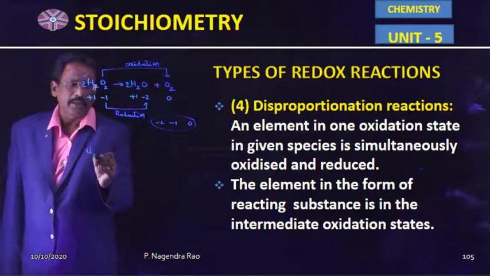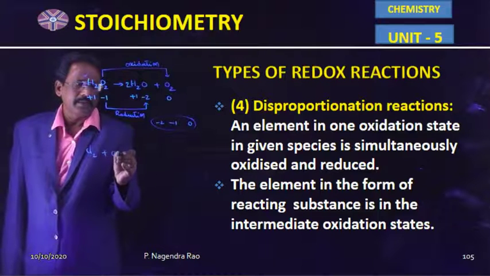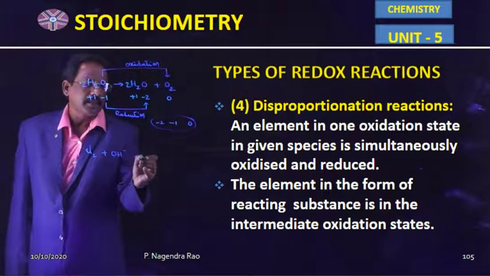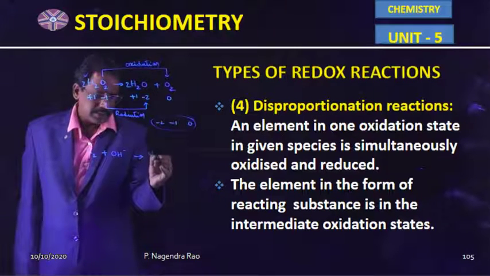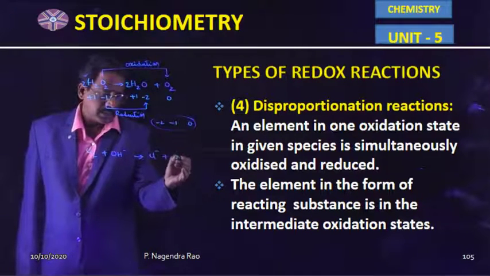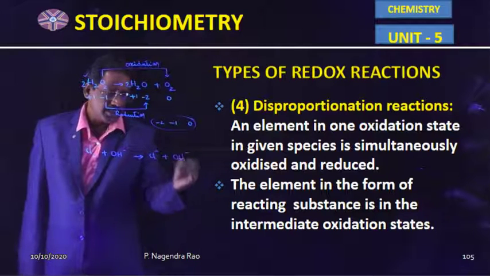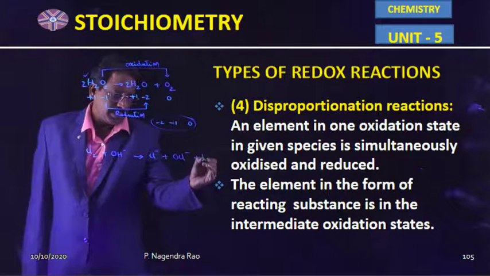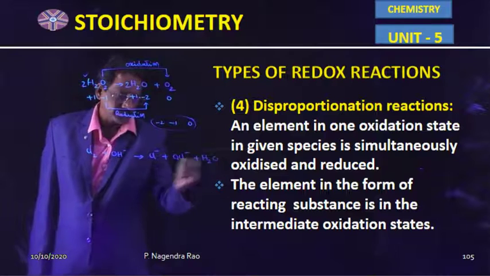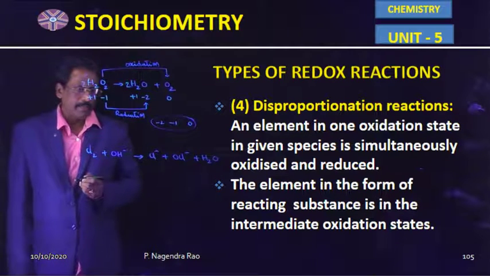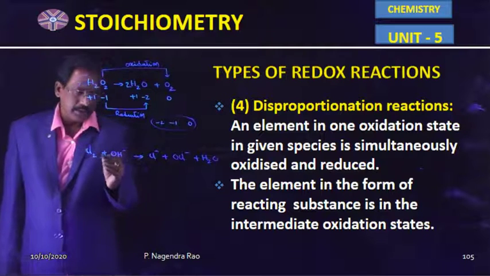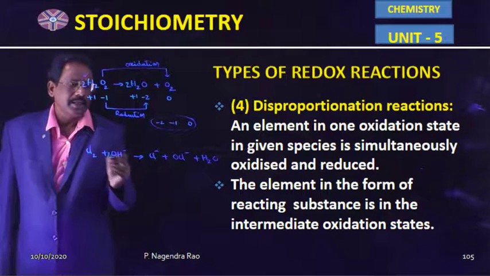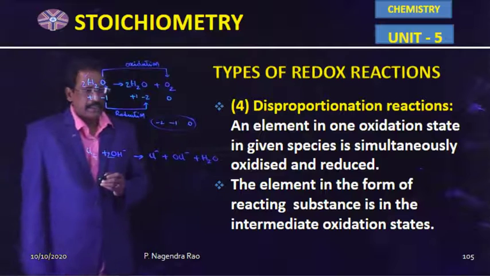And the second example is when chlorine reacts with hydroxide ion and the products are Cl minus and OCl minus plus water. Now this is the final balanced reaction.